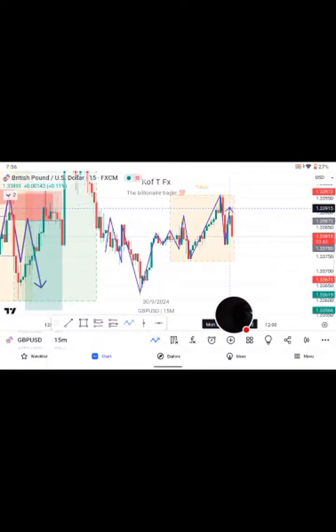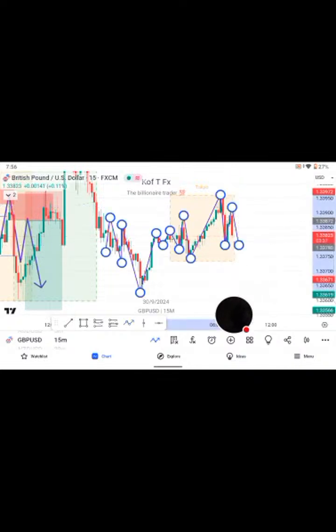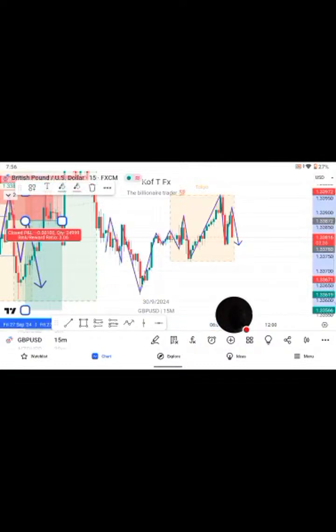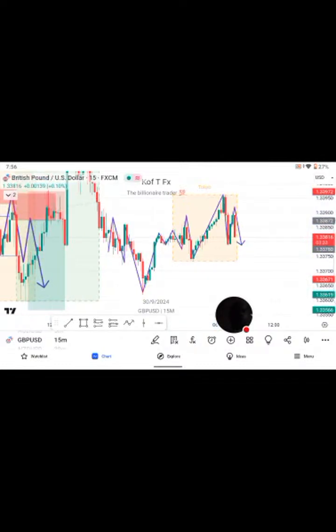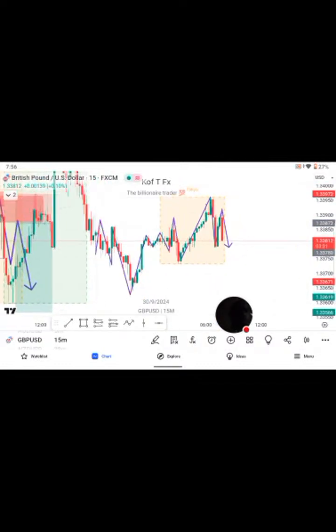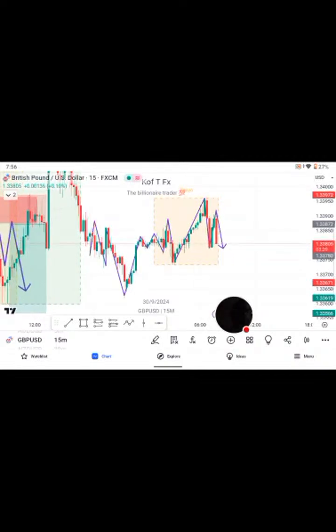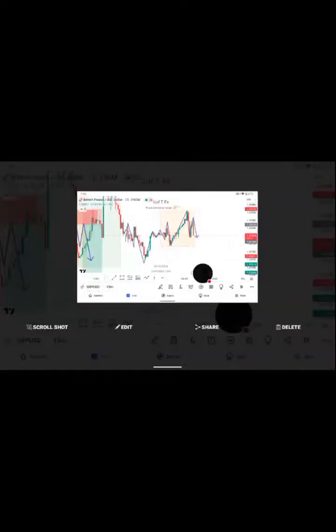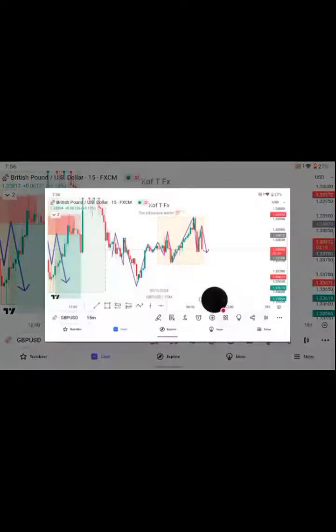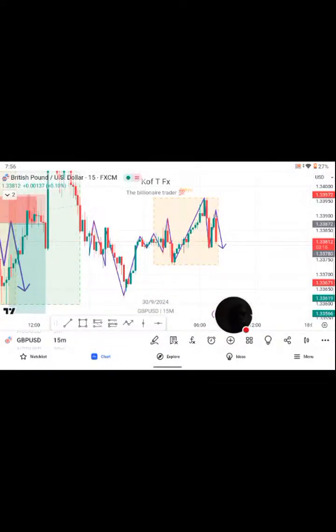We don't have our setup here as well, so no trade on this pair too. We don't have a setup here too. I'm still going to do a review on Friday and explain one or two things as well.